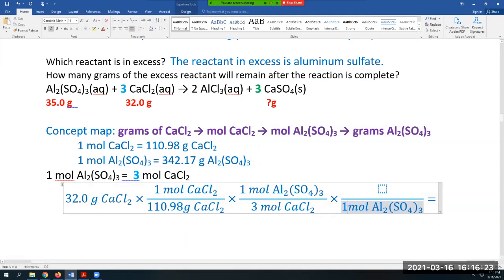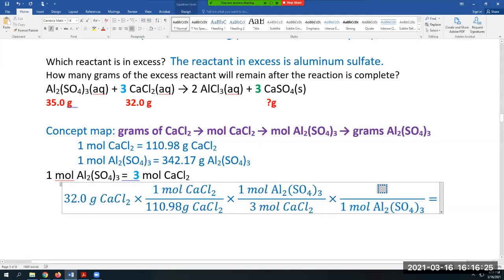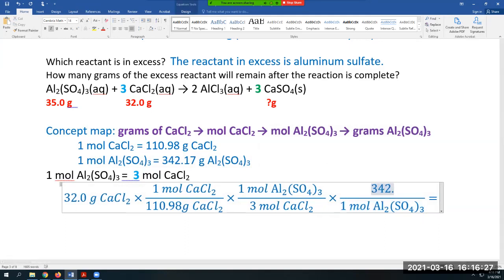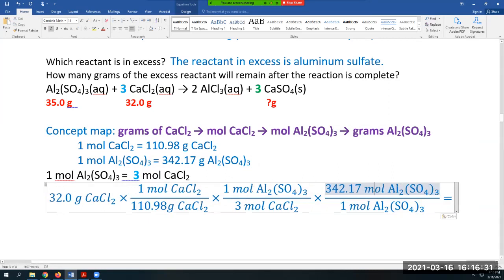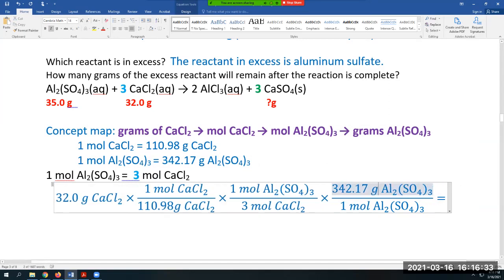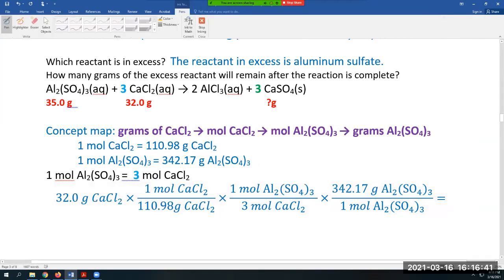For 1 mole of aluminum sulfate, we have 342.17 grams. Let's write down the unit here, grams. And that's ready.